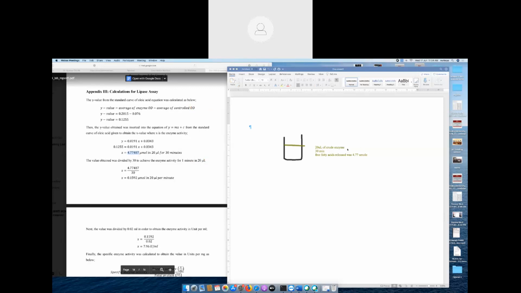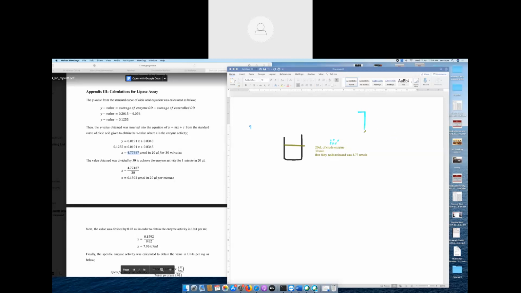The crude enzyme, the lipase, this light blue enzyme, reacts on the triglyceride, releasing the free fatty acid.